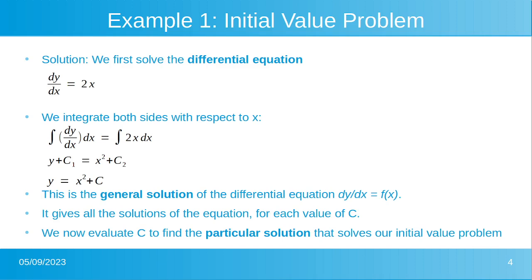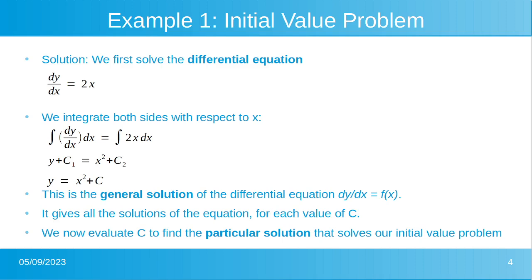If you remember, differentiation and integration are inverses of each other. So if we start with a function y and we differentiate it, we get dy/dx. Likewise, if we started with a derivative dy/dx and we integrated it with respect to x, we go back to the function y.